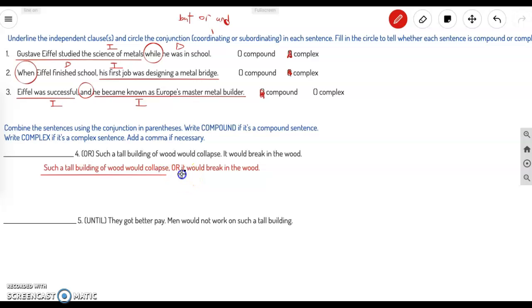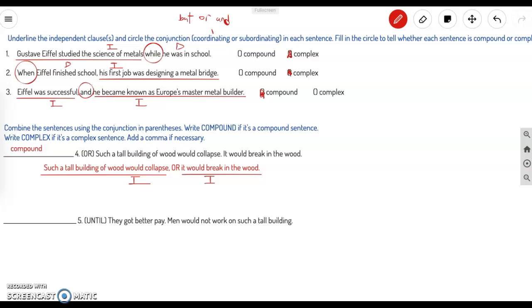Complete thought. It would break in the wood. Another complete thought. So we have 2 independent clauses, and the fact that we have a coordinating conjunction also tells us right away that this is what kind of sentence? Compound. Great.